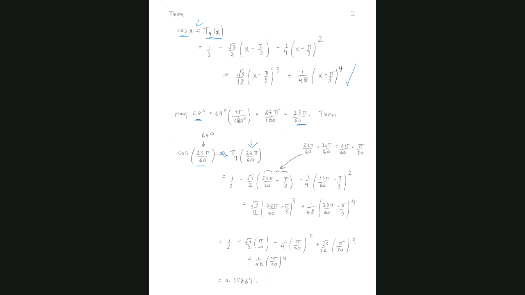And so in the formula here, everywhere we see the x, we have to put in 23 pi over 60. And that's what we do right here in this step.